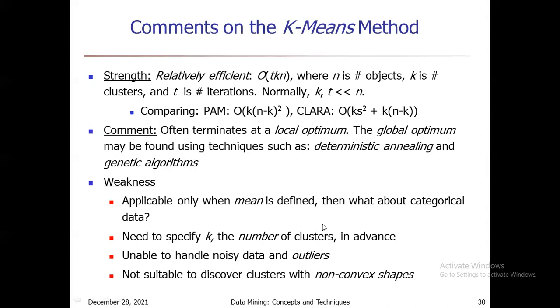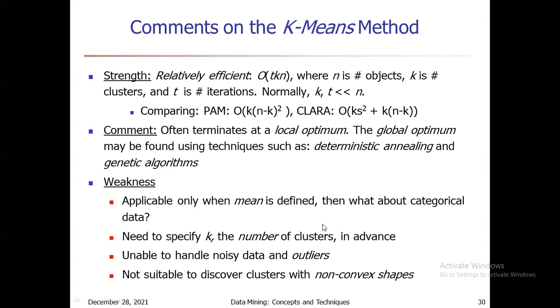It is unable to handle noisy data and outliers, meaning the unwanted data is very difficult to handle in k-means. And it is not suitable for discovering clusters with non-convex shapes.